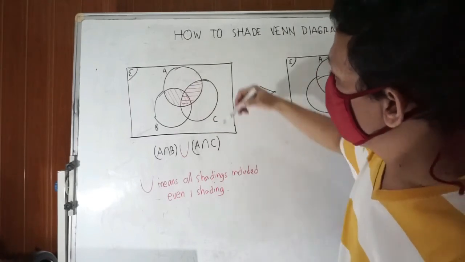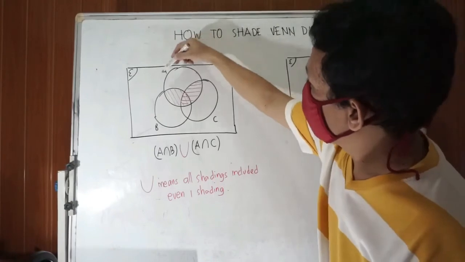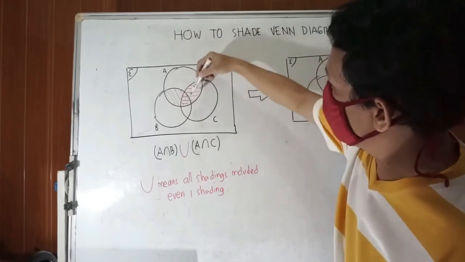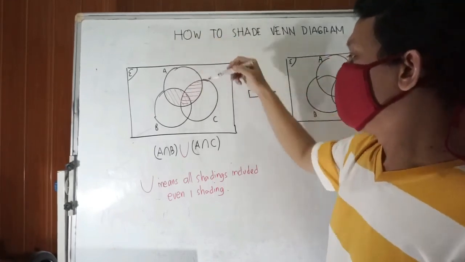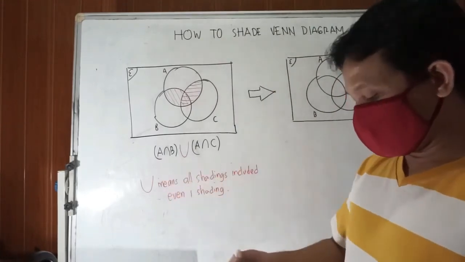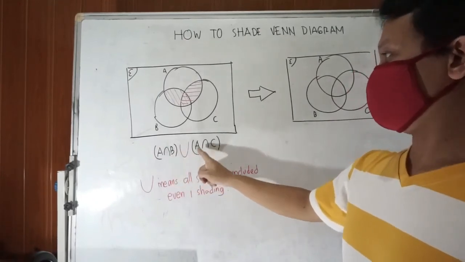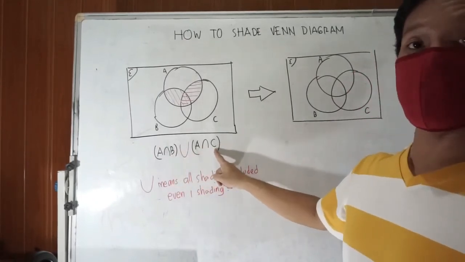Once again, A intersection C is this one. Now, the question is A intersection B union A intersection C.